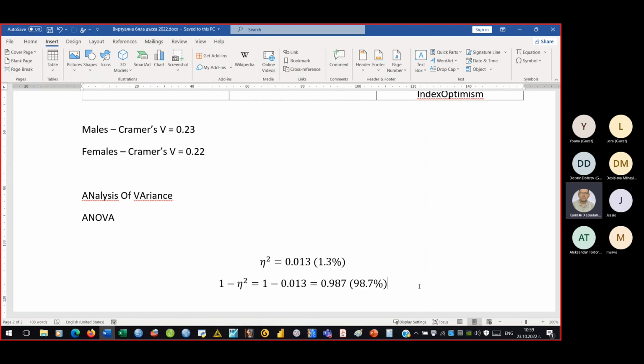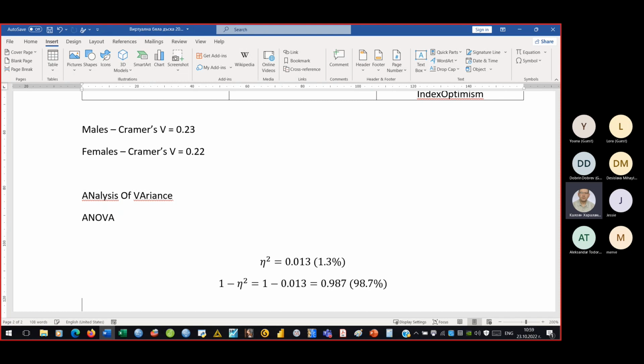So our factor, in the example, marital status explains 1% of variance of optimism, and all other possible factors explain 99% of the variance of optimism. So that means that the relation is very, very, very weak, because only 1% of variance is explained by the factor.